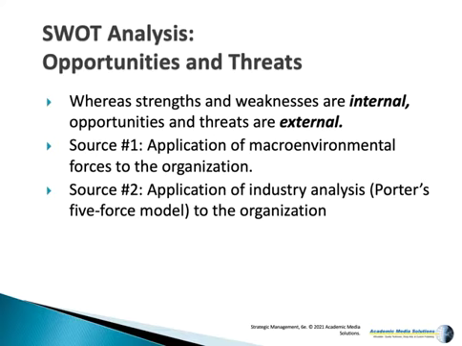All opportunities and threats must come from one of two places. Either the analysis of the external environment or macro environmental forces, which would be your PEST analysis, or the application of the industry analysis, which is Porter's 5 force model. Remember, these were covered back in chapters 2, 3, and 4.